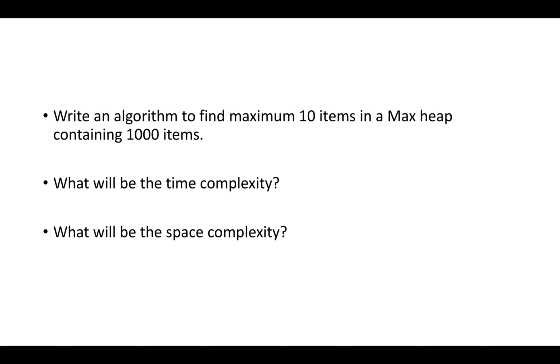So the straightforward solution, you might have thought: build a heap of 1,000 items and then do DQ 10 times. If we do that, then we have the answer, right? So let's see.